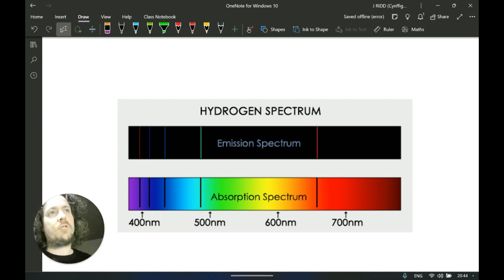Just like the prism refracts blue light more than red light, the diffraction grating, or the spectrometer, is going to diffract blue more than red, and it's going to split the emission spectrum of a hydrogen atom, or any atom for that matter, any element, into very discrete wavelengths, which we can see indicated here. So this is the hydrogen spectrum.